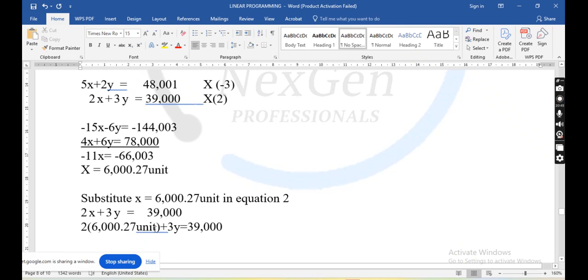So when you multiply, what do you have? That's 12,000.54, then plus 3y equals 39,000.